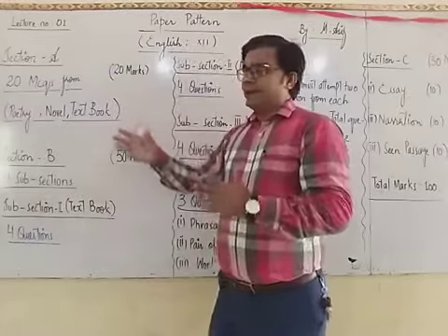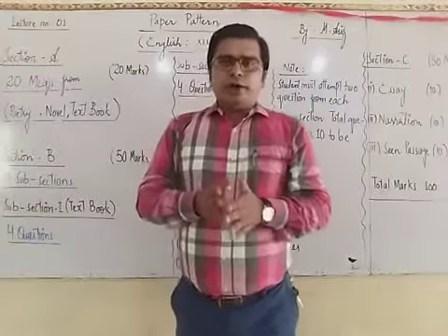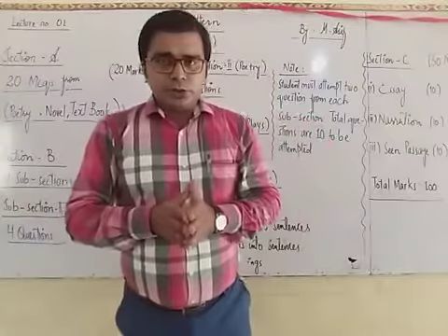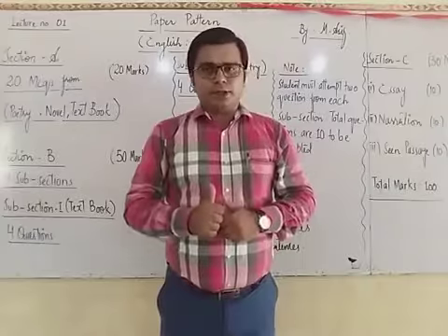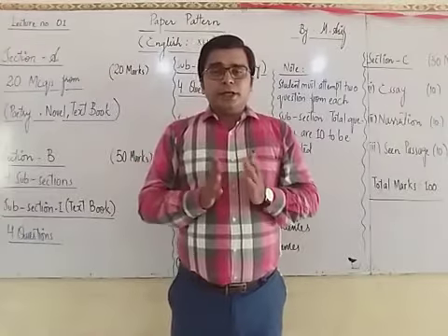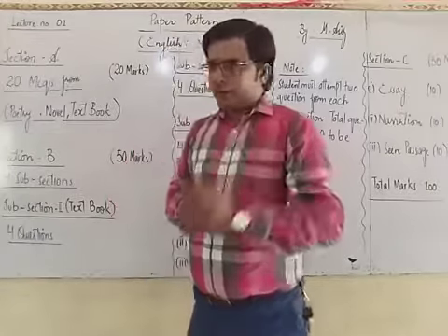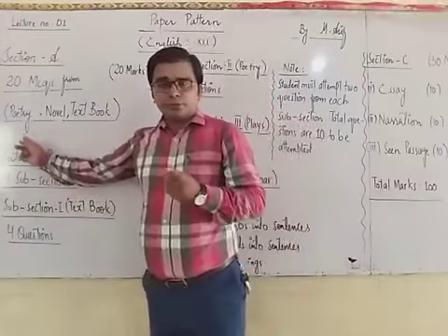Section A is of MCQs. 20 MCQs are given to you, and you have to mark each and every single MCQ correctly. But where do they come from? They come from 3 books of your second year English. Book 1, poetry.